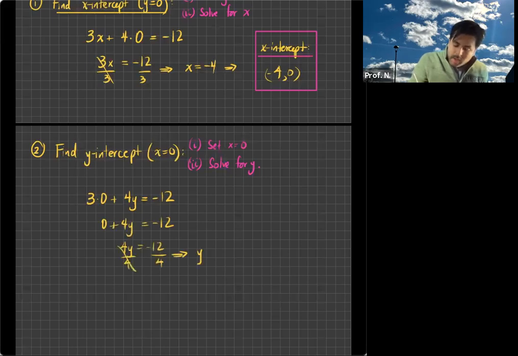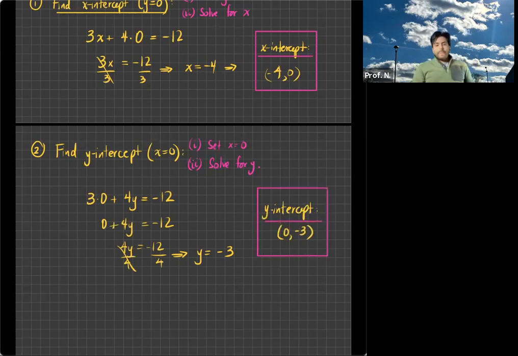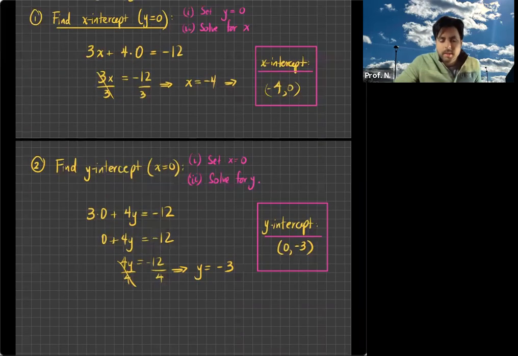And the result is that y equals negative 3. So then what's going to be the y-intercept? The y-intercept is going to be 0 comma negative 3. So we have the two intercepts. You see that? We got the y-intercept and the x-intercept.